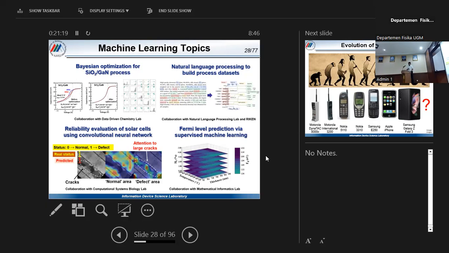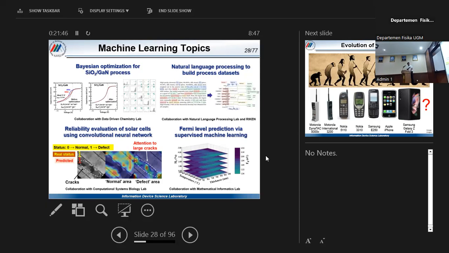If you do that experimentally, you will be wasting a lot of time and materials optimizing the fabrication parameters. Using Bayesian optimization, we're able to optimize the fabrication process at a fraction of the time and material cost. And we have successfully optimized, for example, the interface between the SiO2 and gallium nitride using Bayesian optimization.